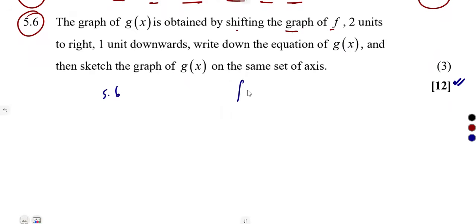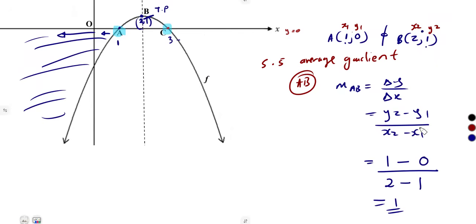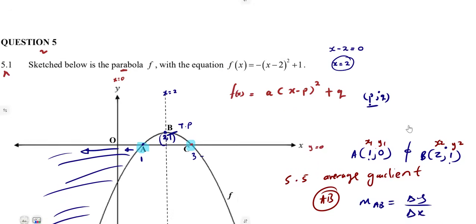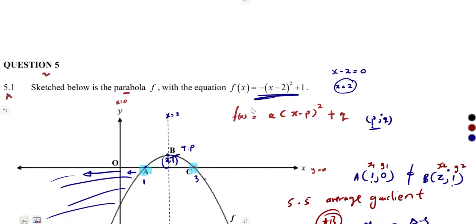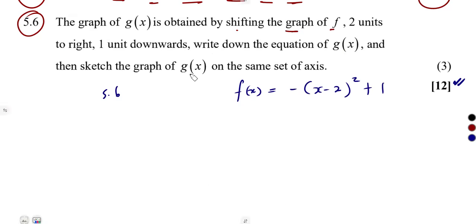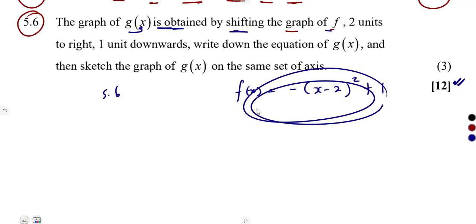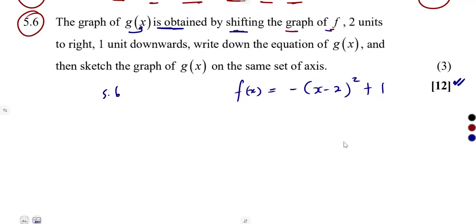Remember that your f of x is given as minus into x minus 2 squared plus 1. Originally, this is our function f of x. Now it is being transformed to g(x). g(x) is obtained by shifting the graph of this one to obtain our g(x).